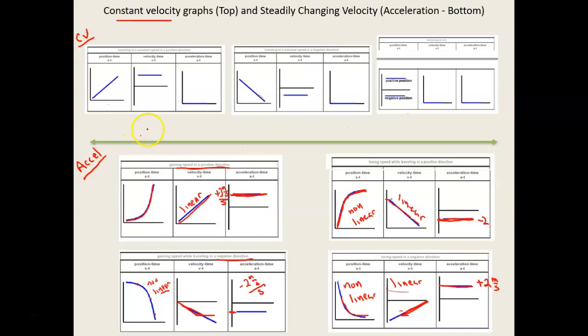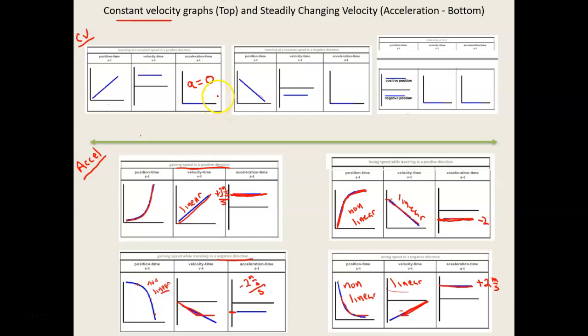And what's common? Okay, in all these, let's just go graph by graph. In all of these constant velocity cases, if the velocity is constant, acceleration is always zero. So when we're at constant velocity, the acceleration versus time graph is always going to show zero. If you see zero acceleration, you know we're moving at constant velocity.